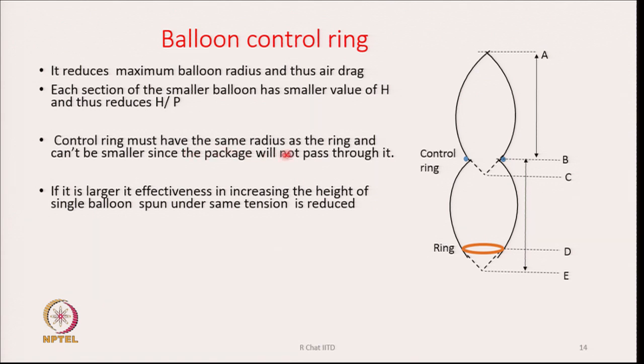The control ring must have the same radius as the ring and can't be smaller, since the package will not pass through it. So, we have to remember, because the package which is placed goes beyond the control ring. If I have a smaller diameter of the control ring than the ring, then the size of the package will be restricted.